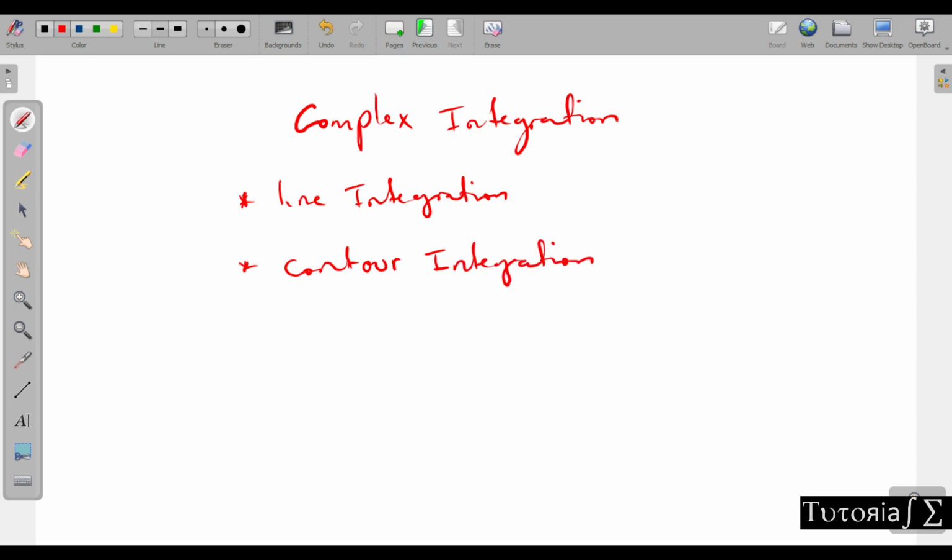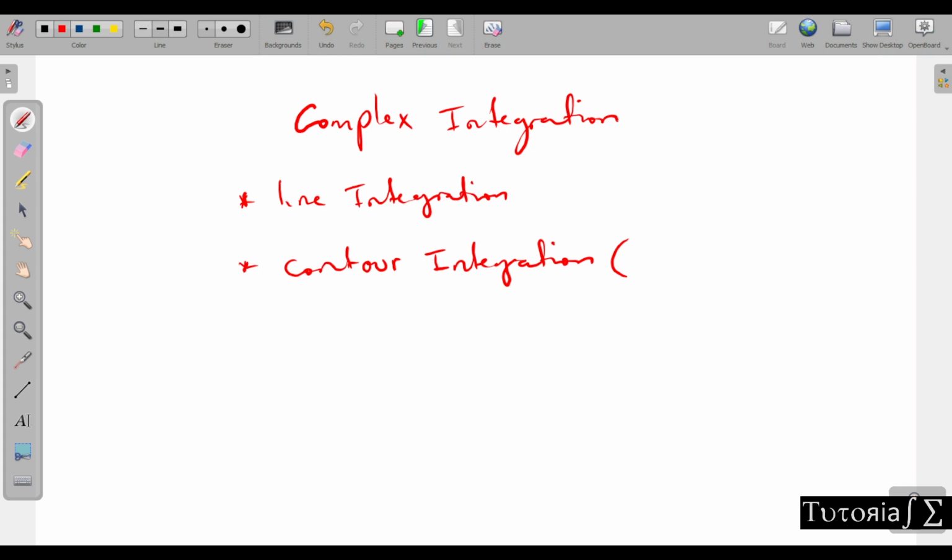I was told that you were doing contour integration in your previous contact session, so it fits that we do contour integration. If there are queries for line integrals, please remind us or tell us so that we do that one as well. But for this lesson, we are starting with contour integration.